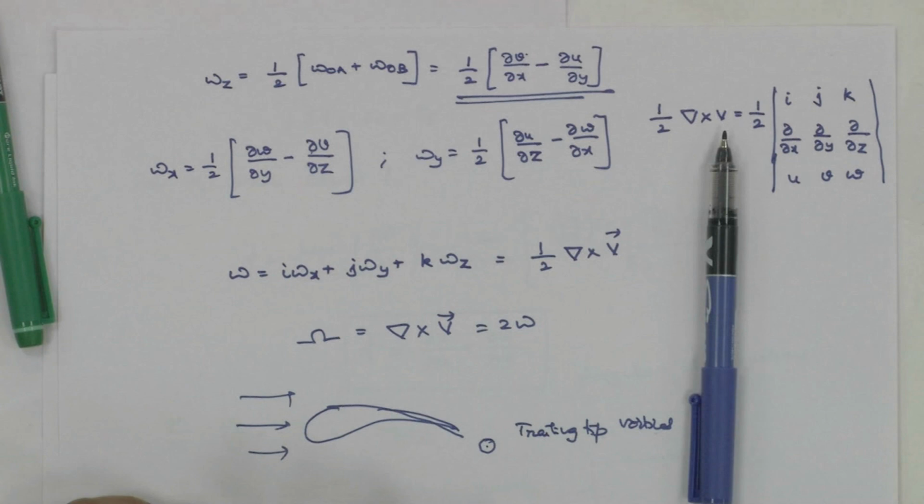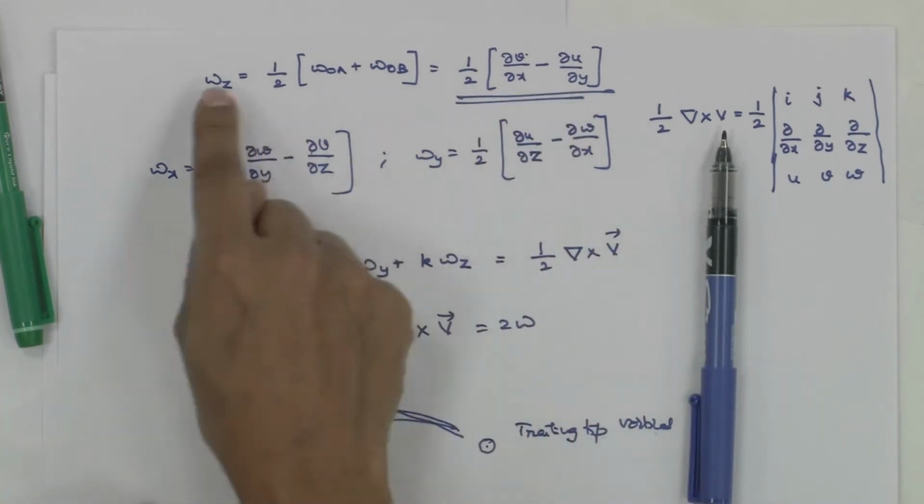You can either take that as a rotation, by putting a shaft and measuring the RPM, or you measure the gradients and get the rotation, either through these gradients or this rotation. Thank you.